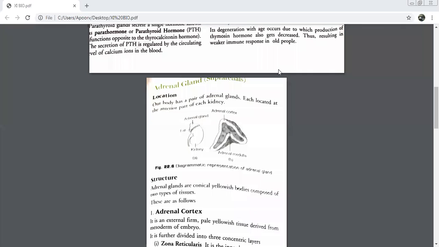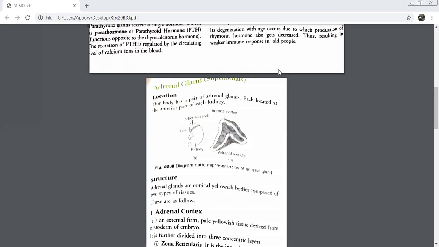Let's talk about the last topic, the last parts of the gland, that is the adrenal gland. We know that our body has a pair of adrenal glands and each is located at the anterior part of each kidney. How many kidneys does a human being have? Two. So similarly, we have two adrenal glands, each located at the anterior part of each kidney.